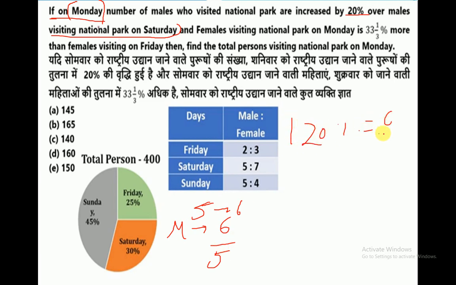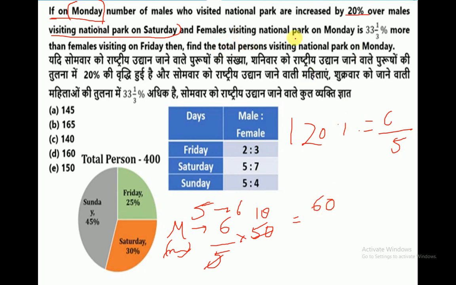So this is also 6 by 5. Males on Monday over males visiting national park on Saturday. Saturday the total was 120, and this is 12, so this is 50. Cancel 5 with 50, we get 10. So males on Monday was 60.